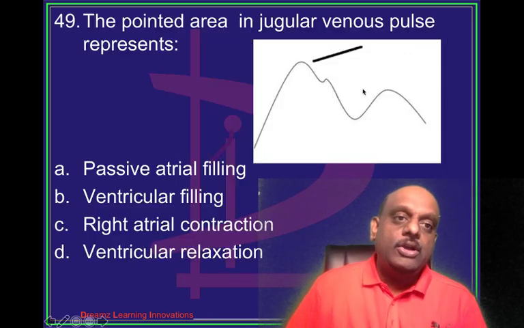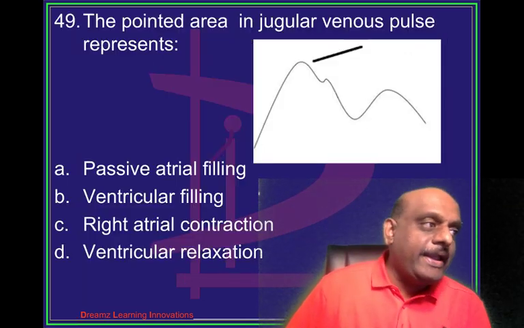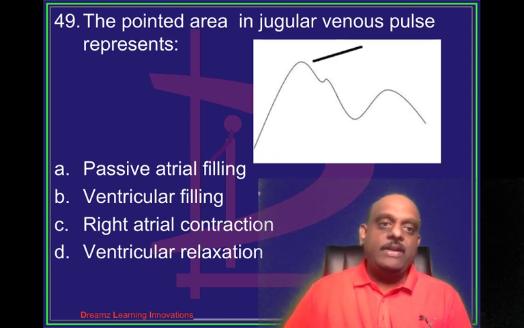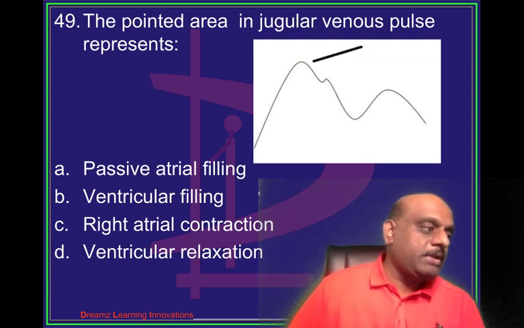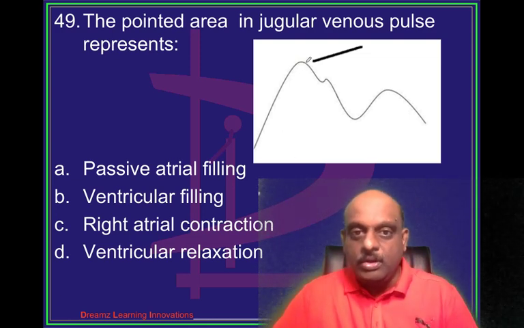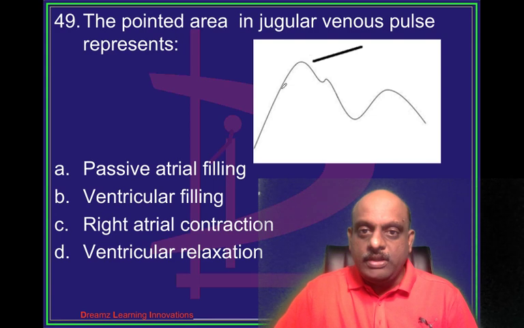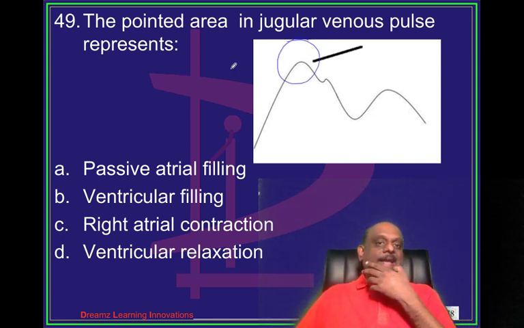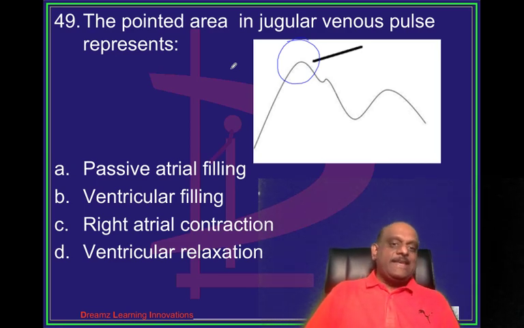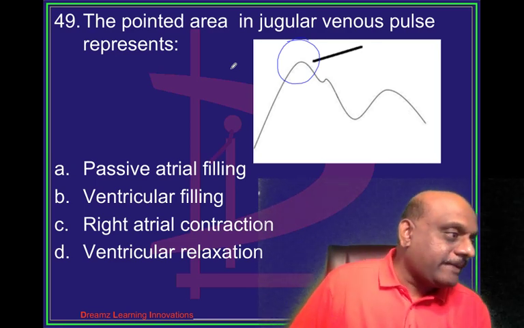Now doctor, this pointed area in the jugular venous pulse, what is it because of? Question number 49. So this part of the wave, what is that called? And what does it basically represent? Easy question actually. That's right.